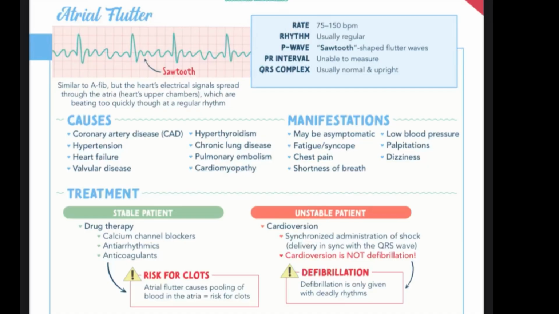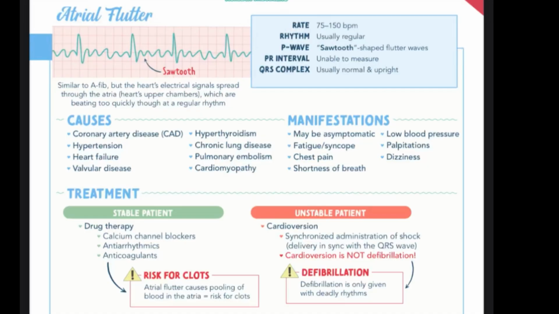The rate is 75 to 150 beats per minute and the rhythm is usually regular. The P wave is present in a sawtooth shape. It is similar to atrial fibrillation, but the heart's electrical signal spreads through the atria, the heart's upper chambers, which are beating too quickly in a regular rhythm.